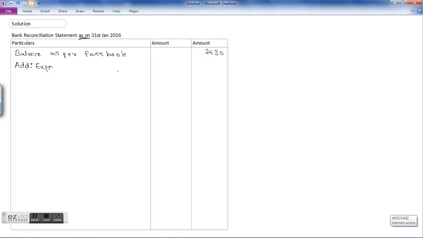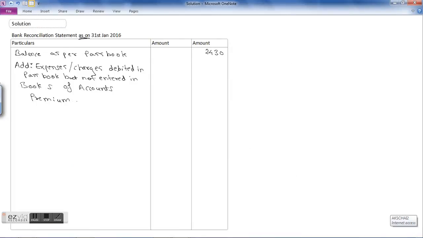I'll put it under one head: expenses or charges debited in passbook but not entered in books of accounts. So one is premium paid. How much is the premium paid? 250.